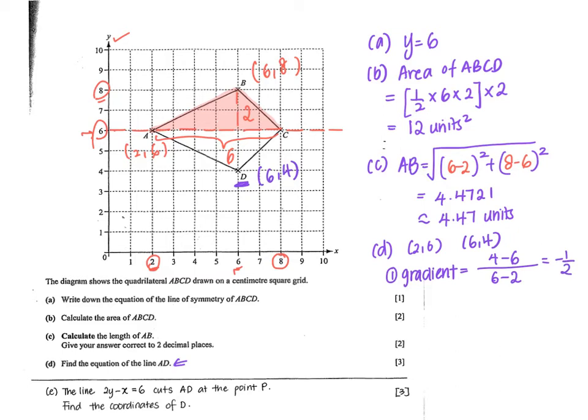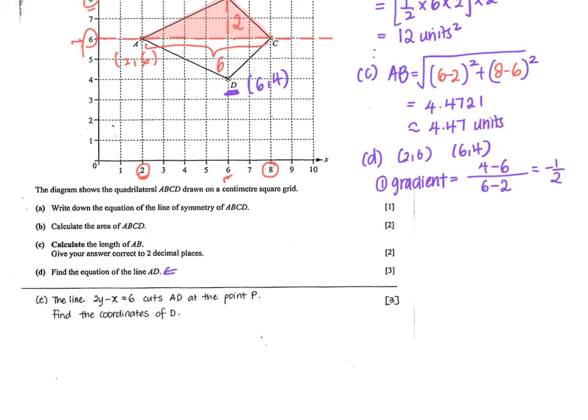Now that I know the gradient, what do I do next? I need to find the y-intercept. So I'm going to scroll up a little bit more to find space for myself. Step 2, y equals to mx plus c. So the m will now be negative half x plus c. I need a point.